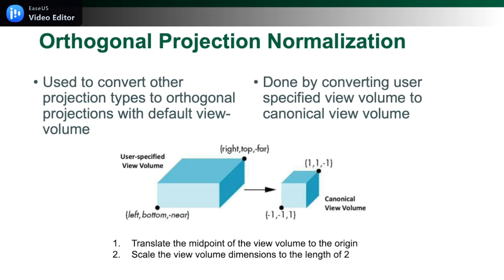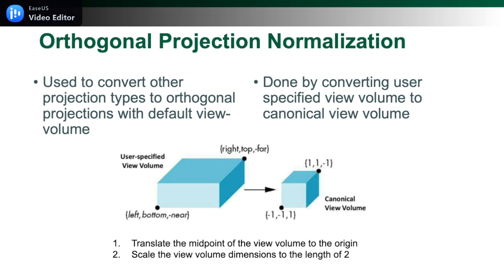Now, since we have this cube of x plus minus 1, y plus minus 1, and z plus minus 1, there can be different user-defined view volumes which do not conform to this standard canonical side-2 view volume cube that we have.